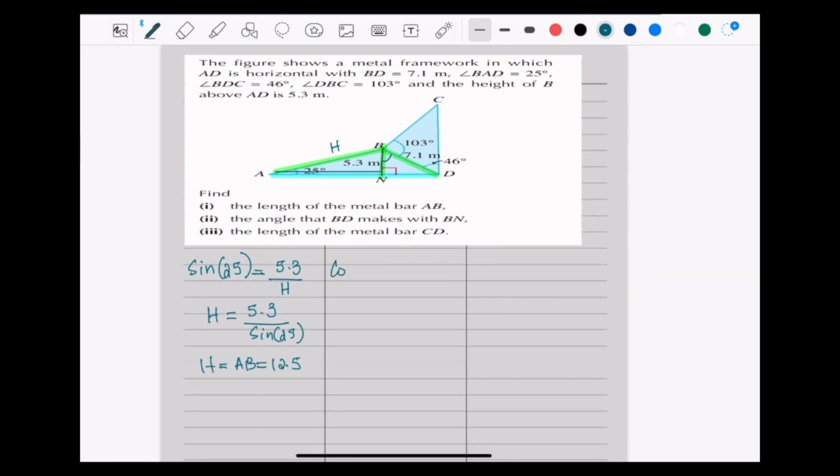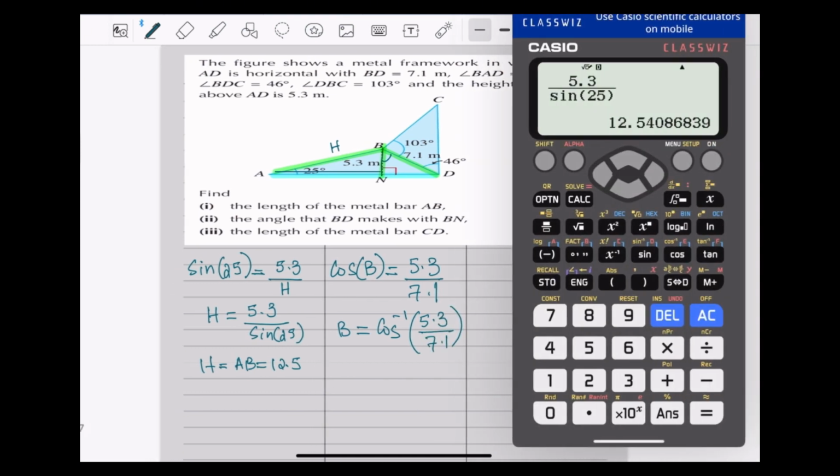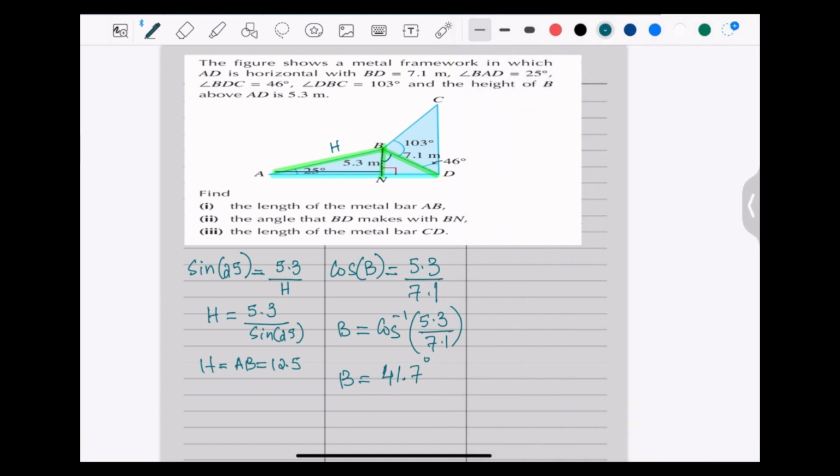So I'll use cos of angle B is 5.3 over 7.1, and B is going to be 41.7 degrees.